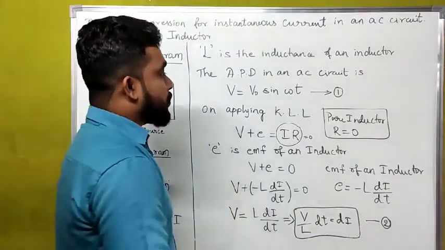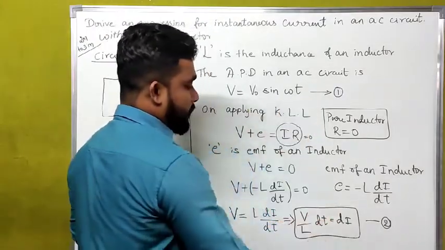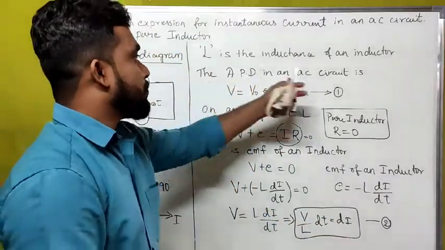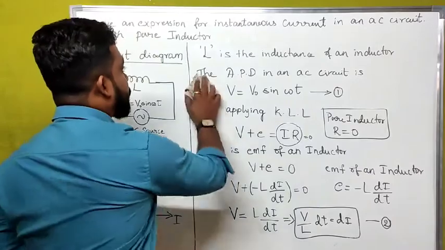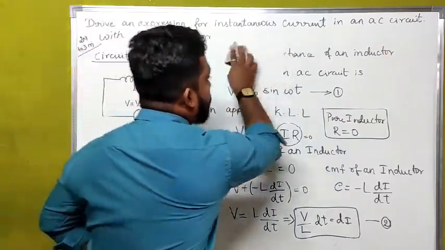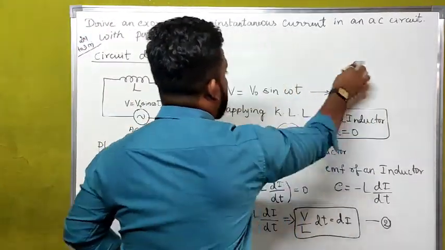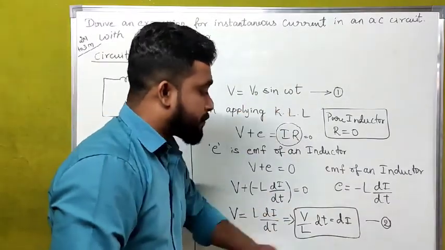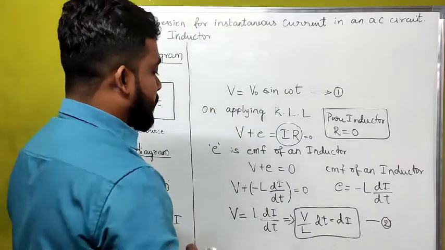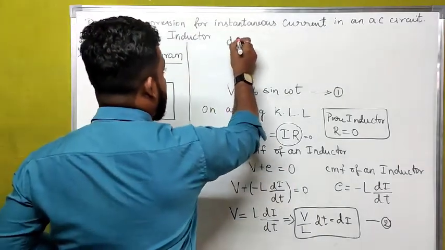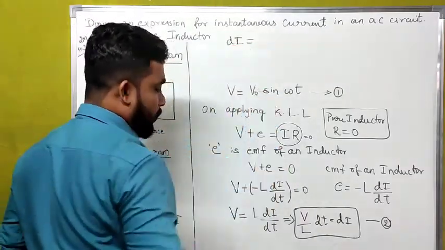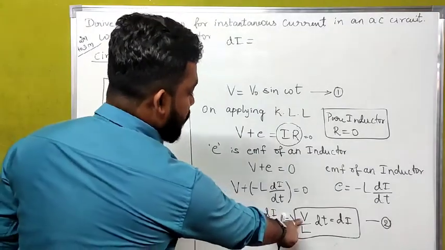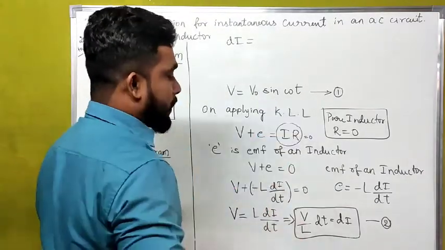Now substitute the value of equation 1 in equation 2. I am going to rub the upper one. If we substitute the value of equation 1 in this particular equation, what will we get? That is di is equal to V. Instead of V, we have to write V naught sin omega t.